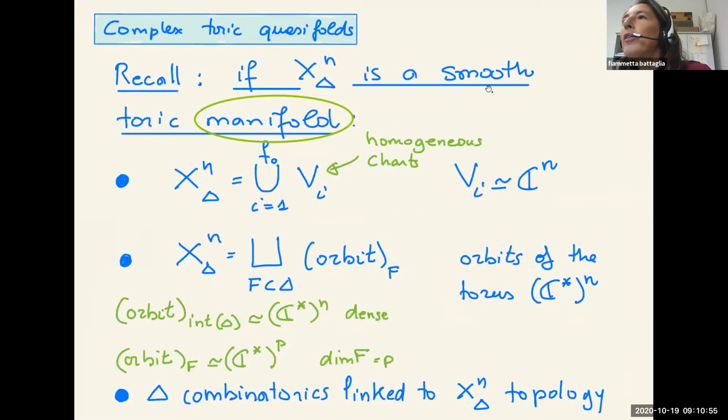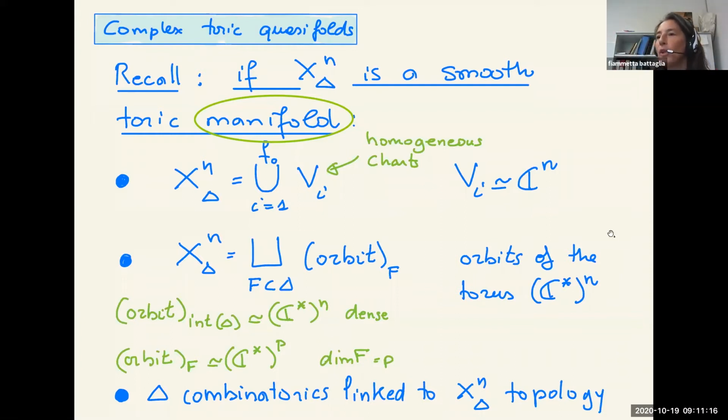We know that the toric manifold is covered by homogeneous charts that are indexed by the polytope vertices. And each of these charts can be identified with C^n.